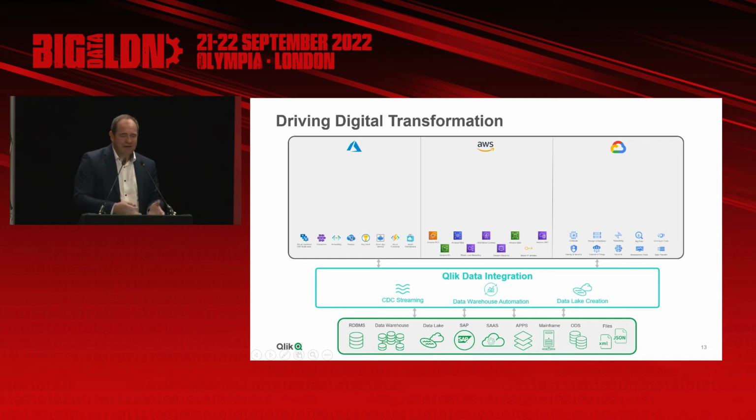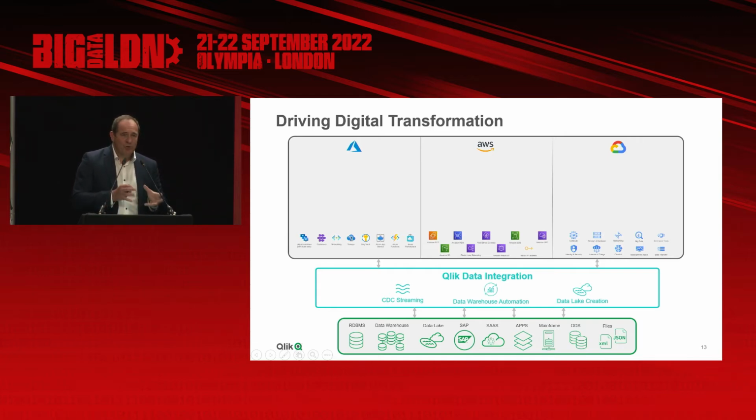Could be on-premise. More often than not now, everyone's having a cloud strategy. So we have really tight working relationships with the top three hyperscalers, Azure, AWS, and Google Cloud. And we can help you not only land that data into those hyperscaler environments, but deliver it in the format it needs to be so you can take advantage of the services that they offer.